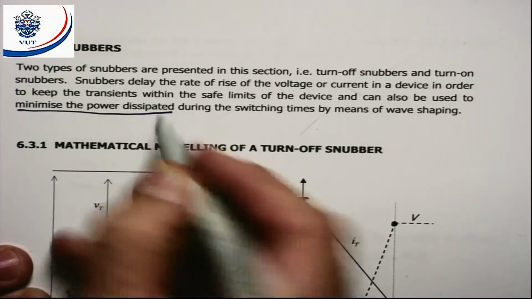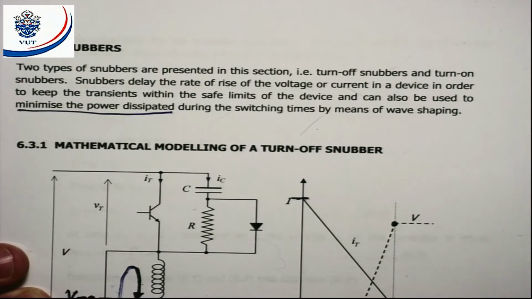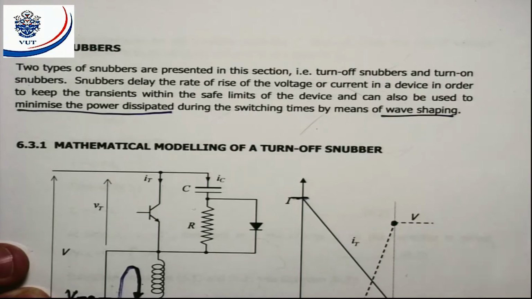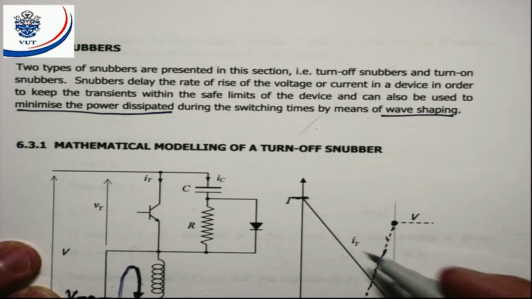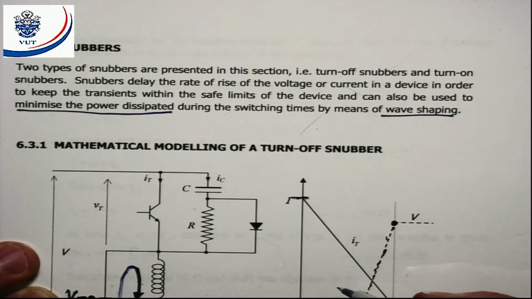Now I said to you that we can minimize the power dissipated during the switching time by means of wave shaping. By shaping the voltage as it is here with this dashed line, the power dissipated in the device is equal to Vt times IT.